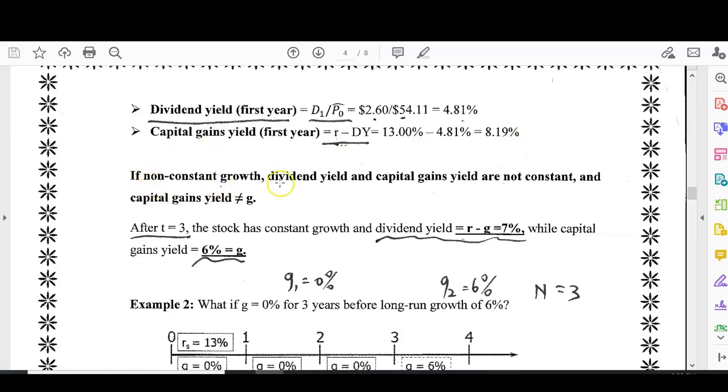In non-constant growth, dividend yield and capital gains yield are not constant, and capital gains yield does not equal G, especially for the first stage.